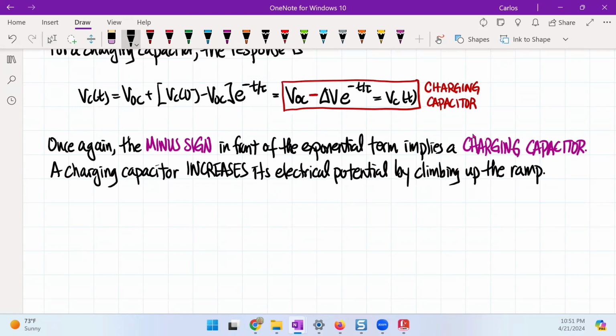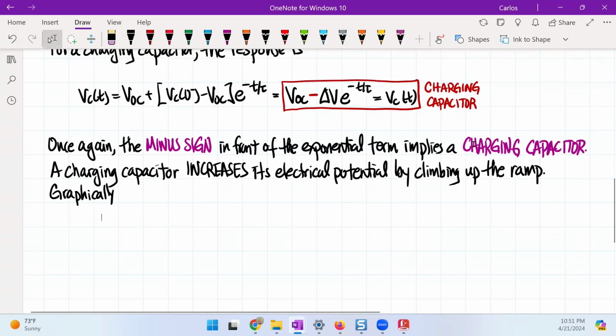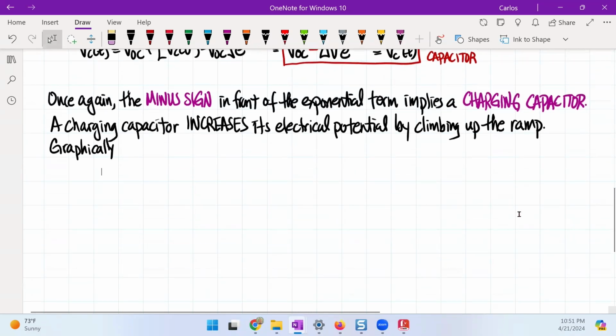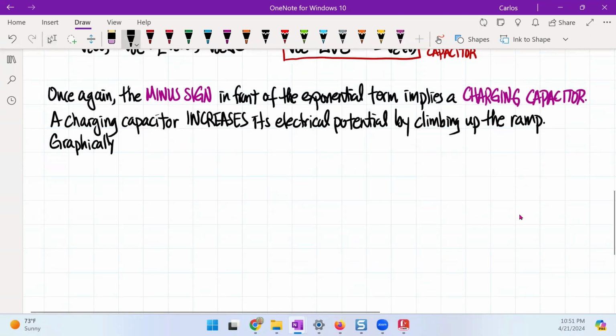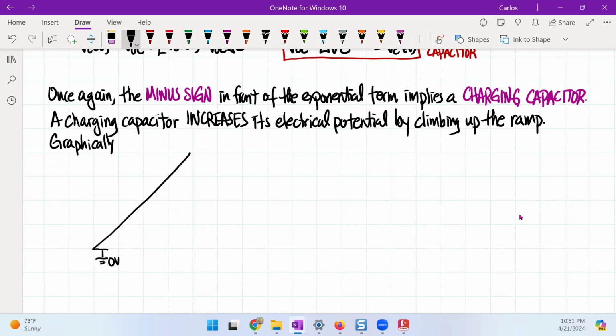So what does this look like graphically? Graphically, here's what I'm seeing. I have a ramp, and let's say that this ramp is going to go something like this. And there's my ramp, and I'm going to say that this ramp here is my ground.